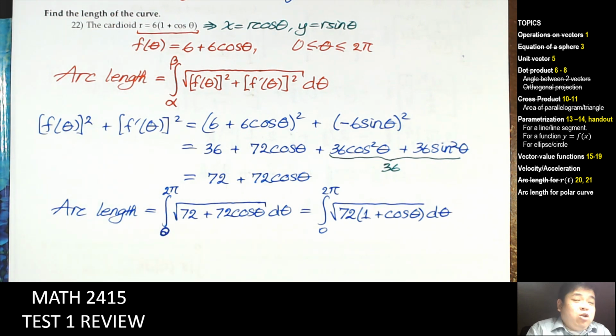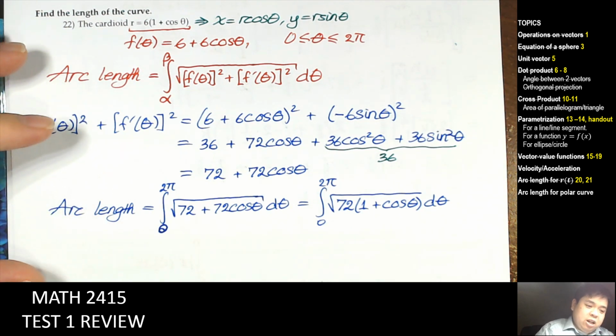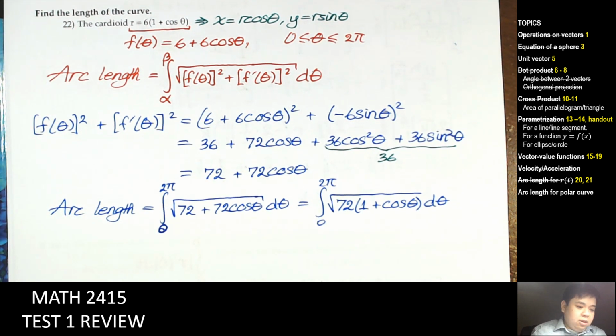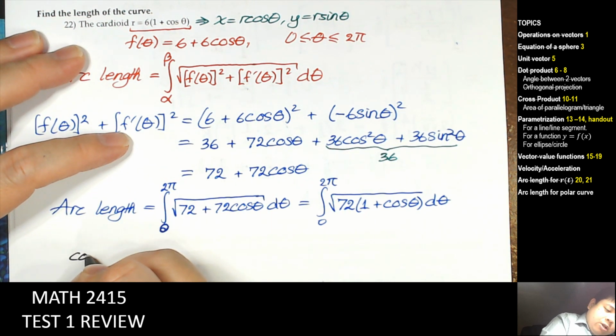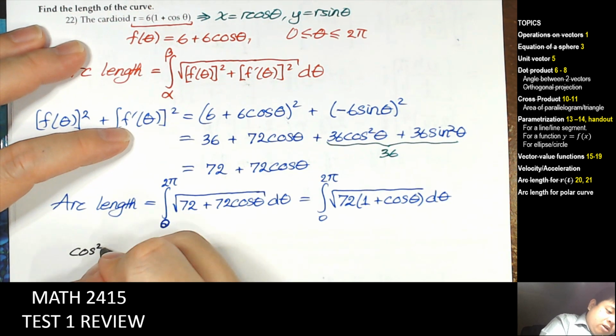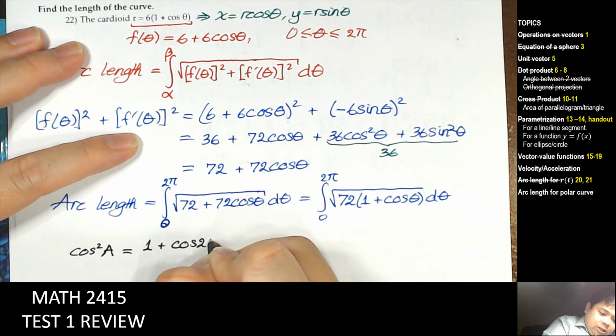For now, 1 plus cosine. We consider the power reduction: cosine squared is equal to 1 plus cosine of 2 theta over 2.